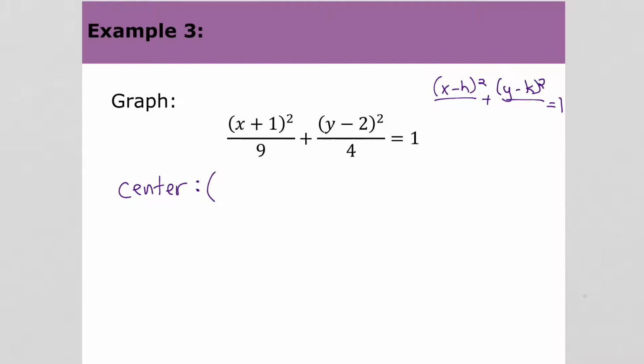And in this case, we can already see that the a is the bigger value. The a is under the x, so we'll put a squared there and b squared there. So the center would be the opposite of this number. So not 1, but negative 1. And then not negative 2, but 2. So the center is at negative 1, 2.